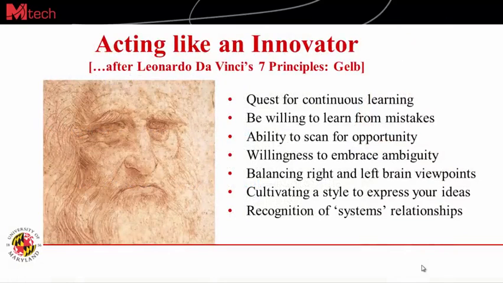Ultimately, we want you to act like an innovator. There's a book out there that is looking at innovation from the perspective of Leonardo da Vinci. And so these are the 7 principles of da Vinci that have been captured, and this is a way in which you can begin to act out and be effective as an innovator.